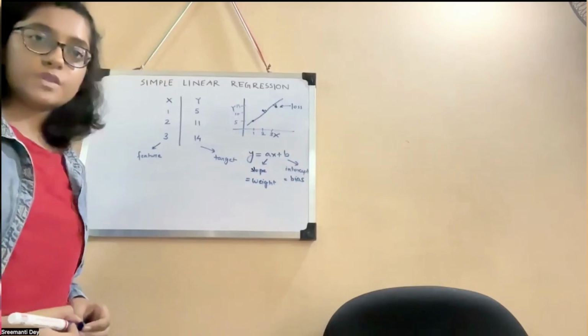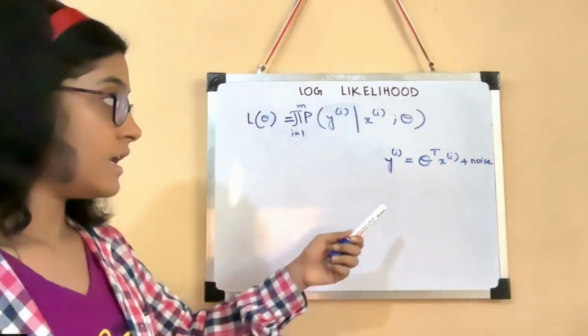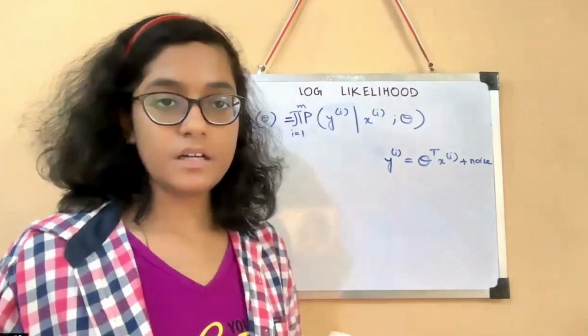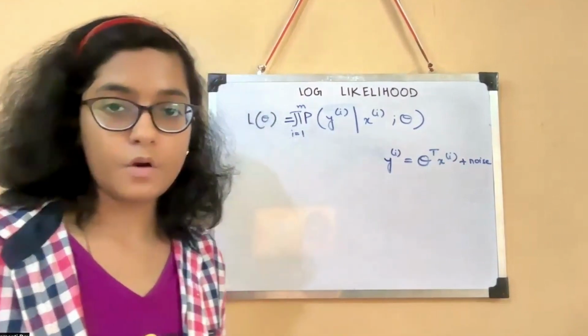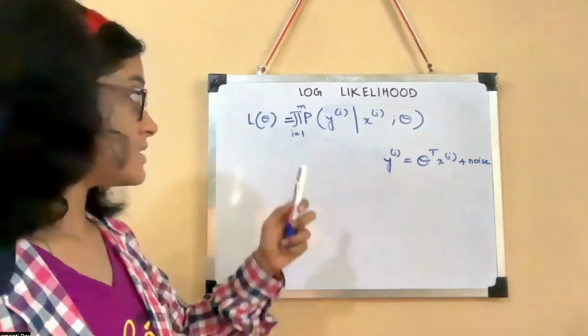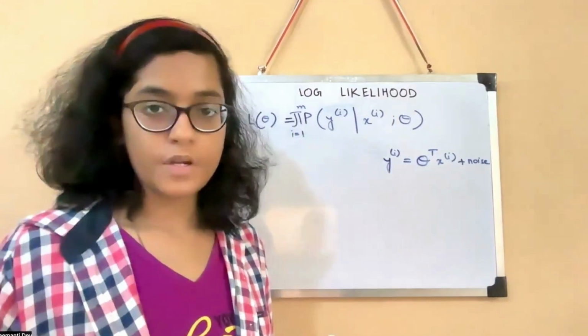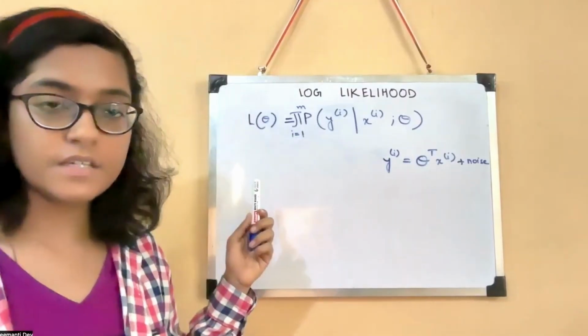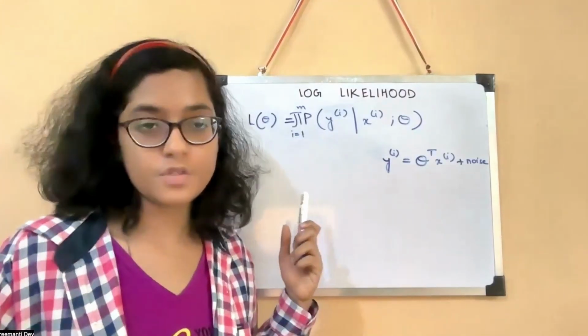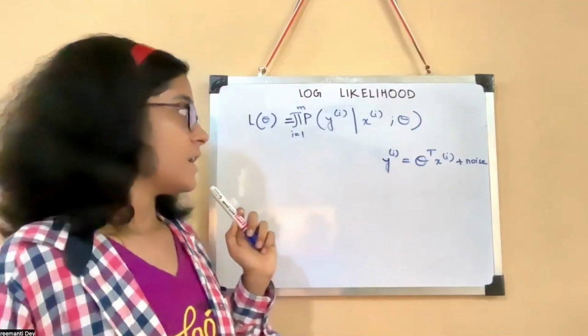Theta is the weight for the model, and xi is the feature of the data points. m is the number of data points. So remember this formula. This is the mathematical quantity that we use to denote likelihood.